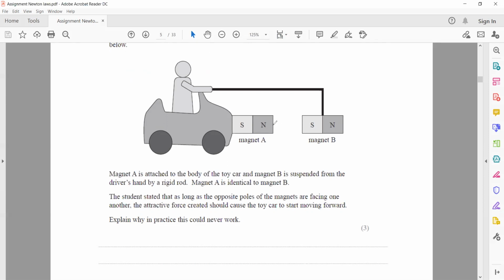So if there is a force of magnet B on A, there's a force of magnet A on B. If this is 10 Newton, this should also be 10, but this 10 Newton force is acting backward and 10 Newton is forward, so the resultant force will be zero. If the resultant force is zero, the object will not accelerate, or it will have zero acceleration.